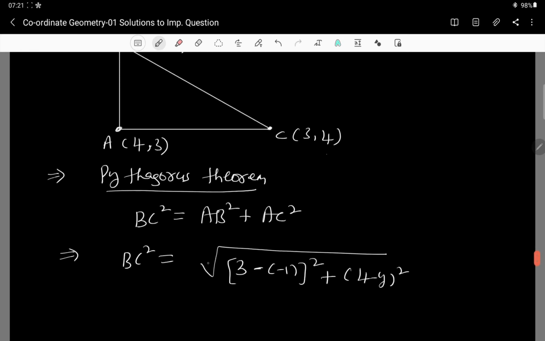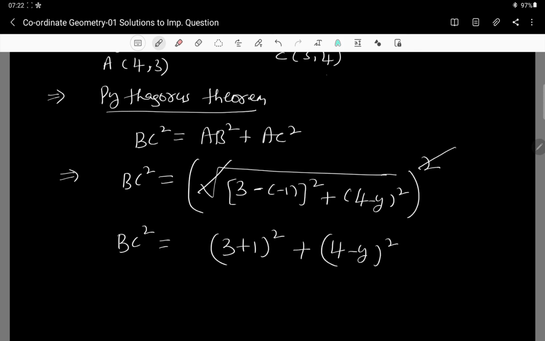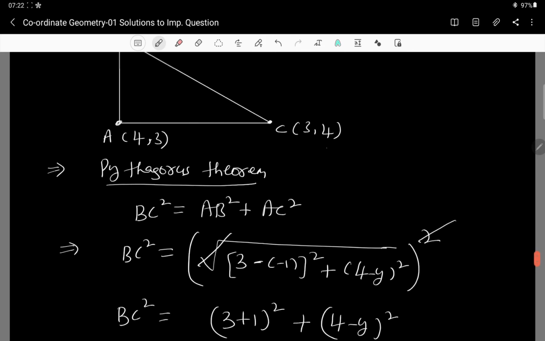Alright, so this is the BC value, then whole square means square and square root get cancelled, correct now? So it becomes BC squared is equal to 3 plus 1 whole square plus 4 minus y whole square. For timing, let us keep it like this only, BC squared. Alright, so similarly, after finding this BC squared, let us find out one more thing.